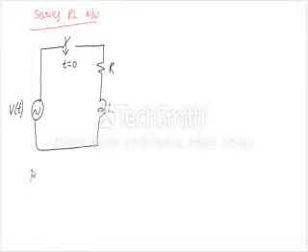This current I can call I of t. IL is nothing but I of t only. So IL of 0 minus is nothing but I of 0 plus only. How much is the value? 0, since no supply before closing the switch.